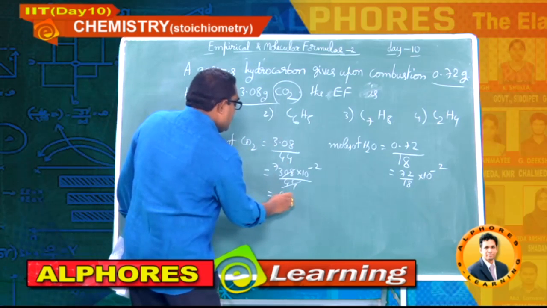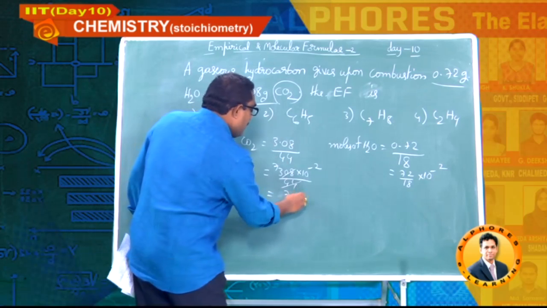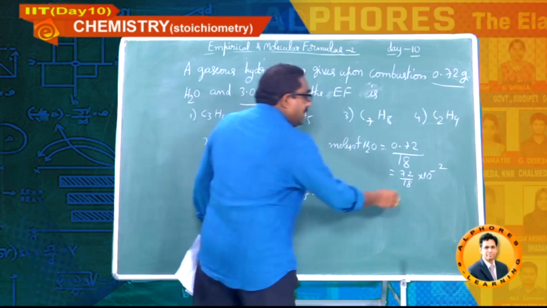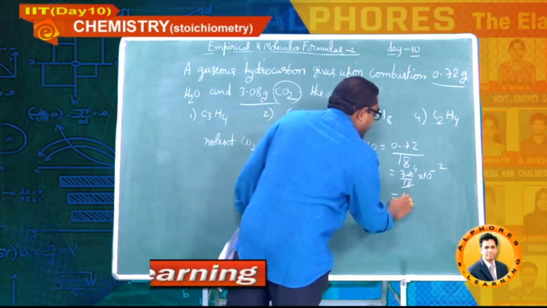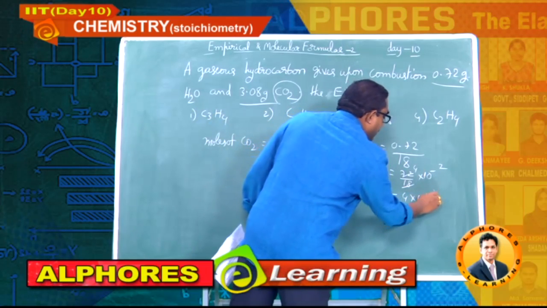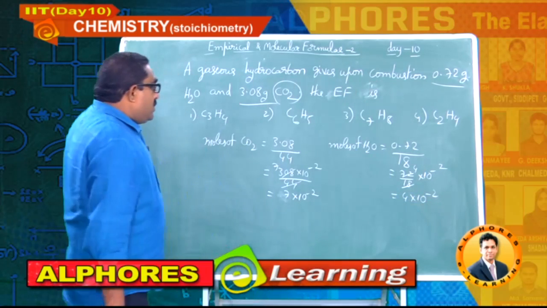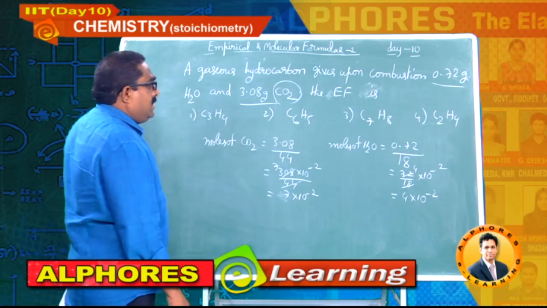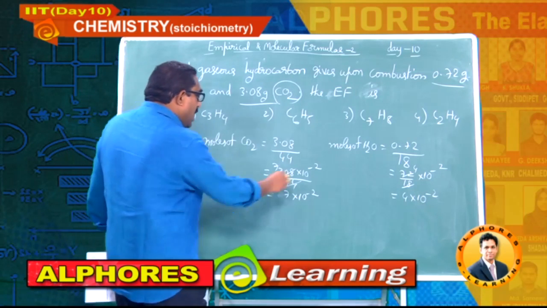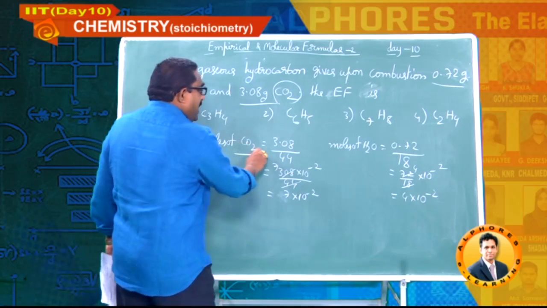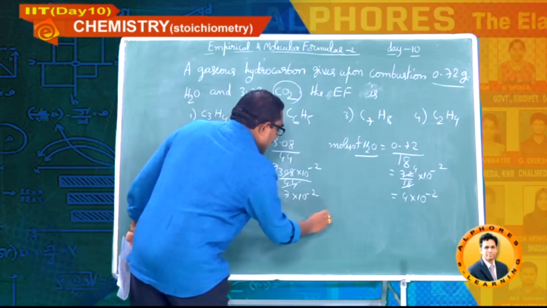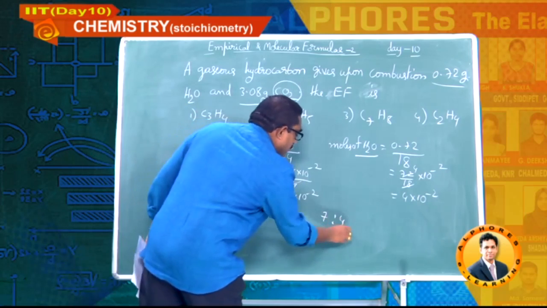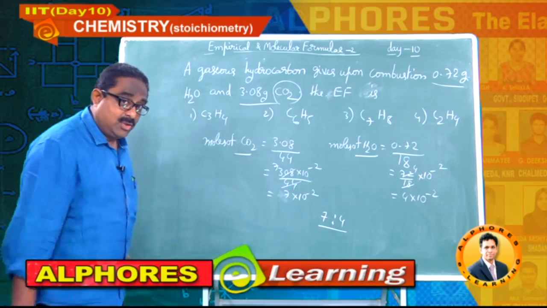So this is 7 into 10 power minus 2. 72 by 18 is 4 into 10 power minus 2. So, if you take the mole ratio of carbon dioxide and water, it is 7:4.